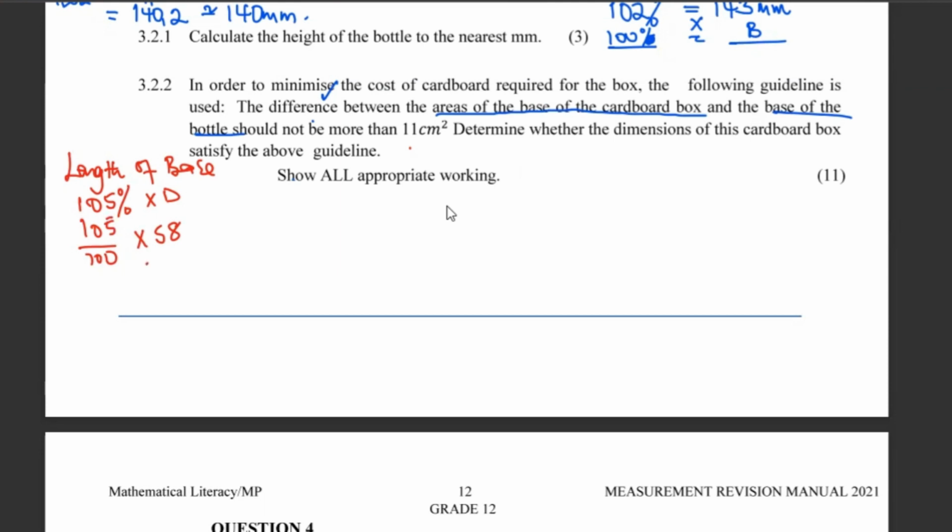So we get the answer here as 60,9. These are millimeters. We want them to become centimeters. Why do I need centimeters? Because what I'm going to use here is centimeters square.